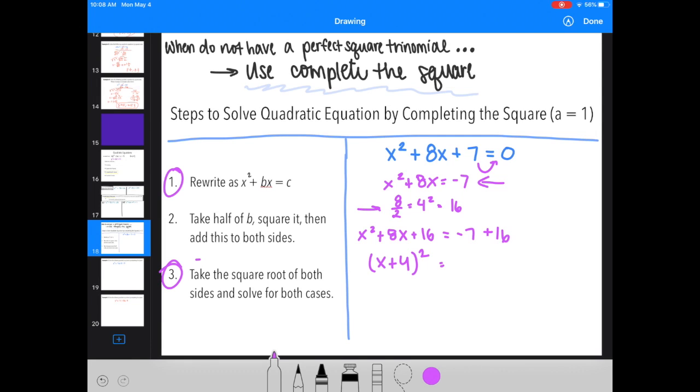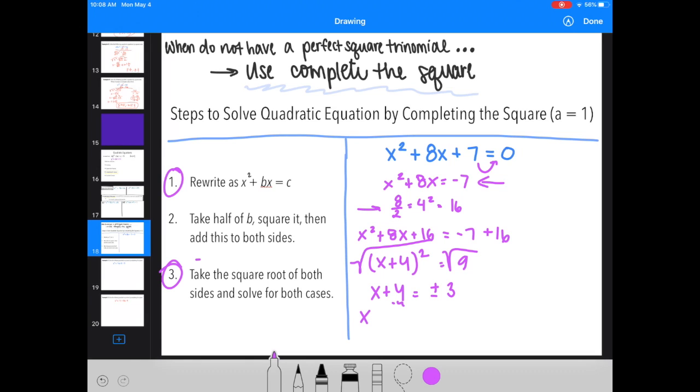Okay, and I got to simplify negative 7 plus 16, which gives me 9. Now I'm going to institute step 3 and take the square root of both sides to get rid of that exponent. So I have x plus 4 is equal to plus or minus whatever the square root of 9 is, which is 3.